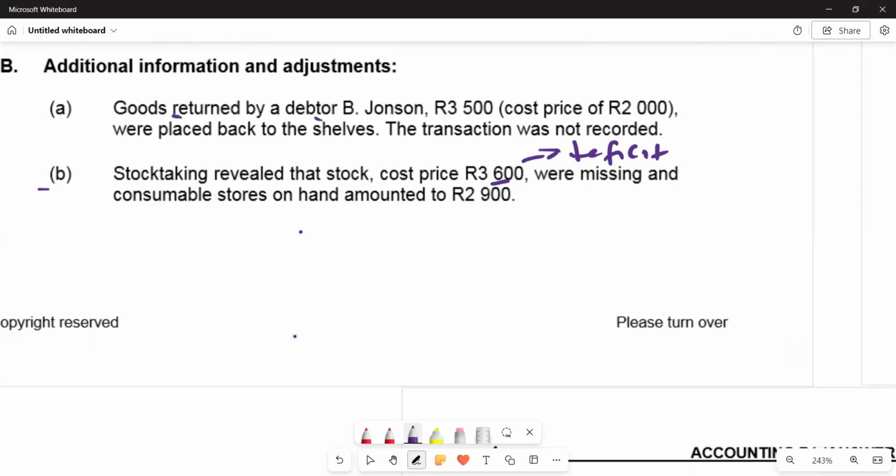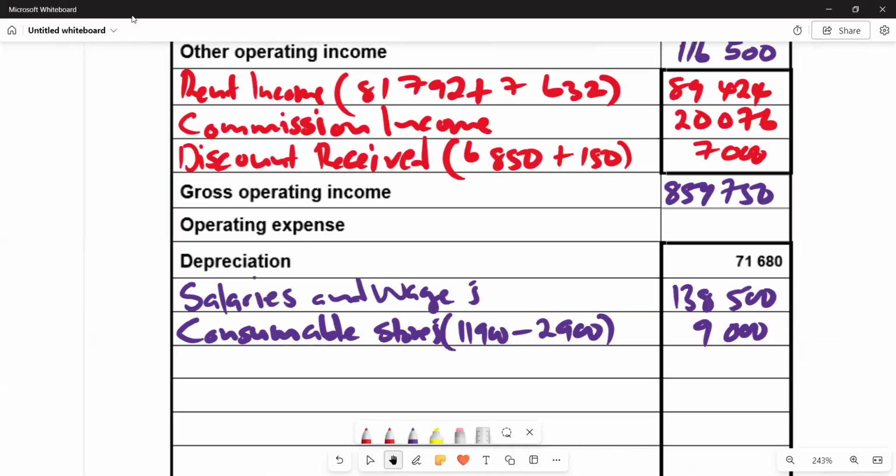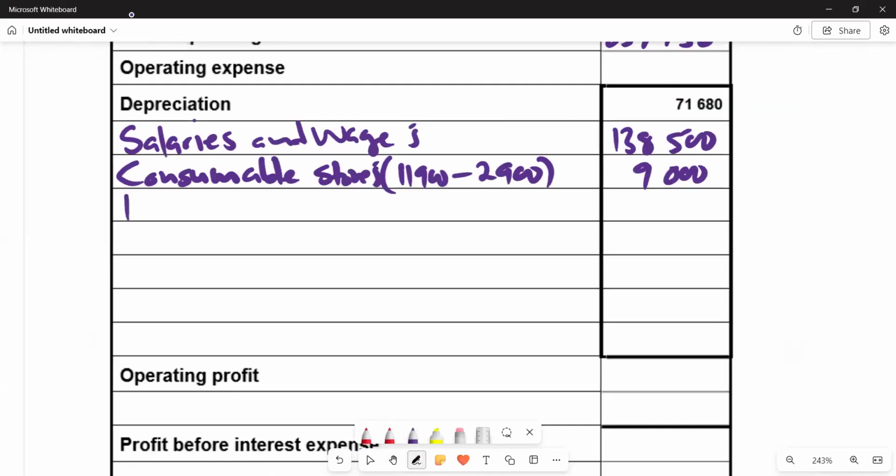So basically, we are going to put that one again as trading stock deficit. We can go down and put that expense as trading stock deficit. That one is already calculated, 3,600. So here we have trading stock deficit, and the amount that we are having, say 3,600.